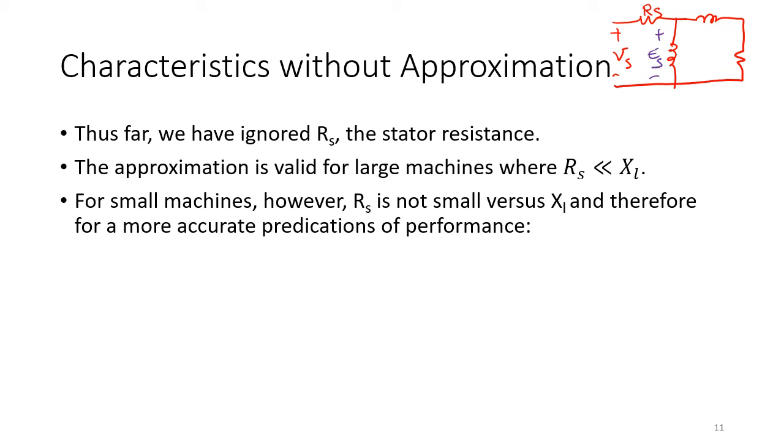This model was very useful for us and we used it to derive all the equations because in many large induction machines, RS is so small that we can ignore it. In that case, ES is almost equal to VS. So everything gets very easy.